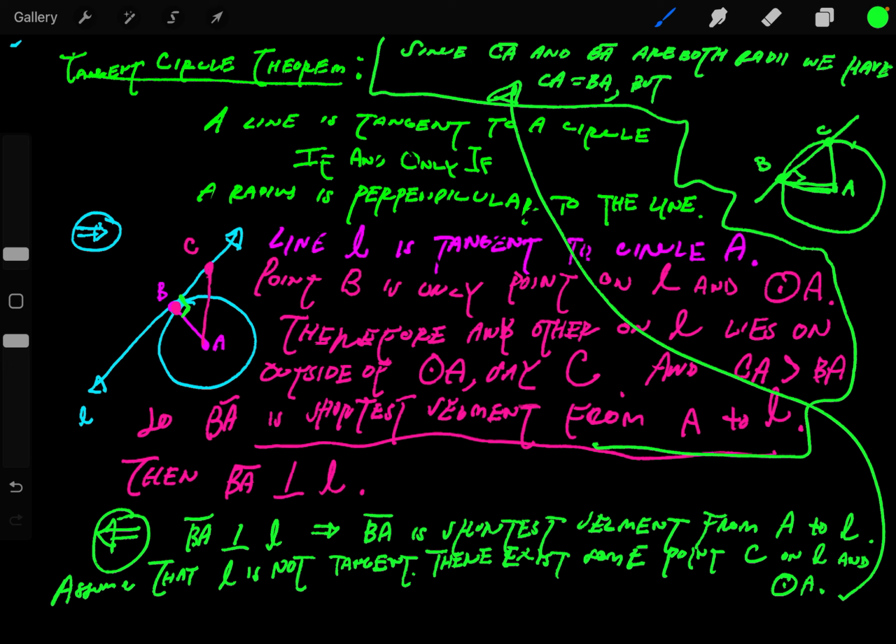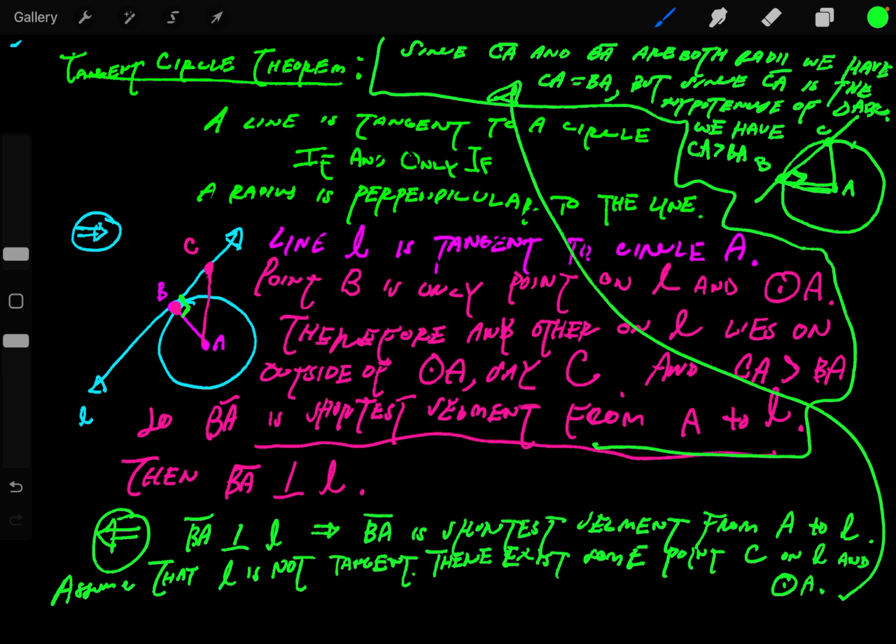But since CA is the hypotenuse of right triangle ABC, because this is a 90-degree angle, we have that CA is greater than BA.